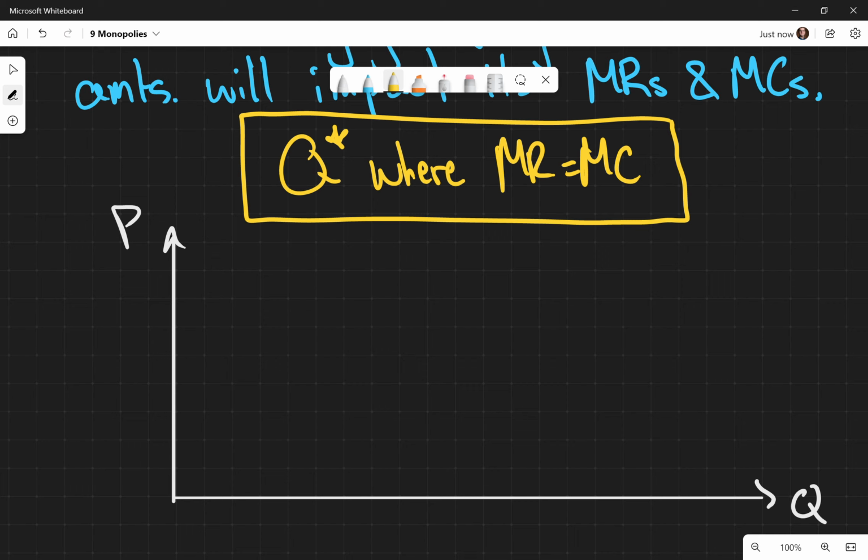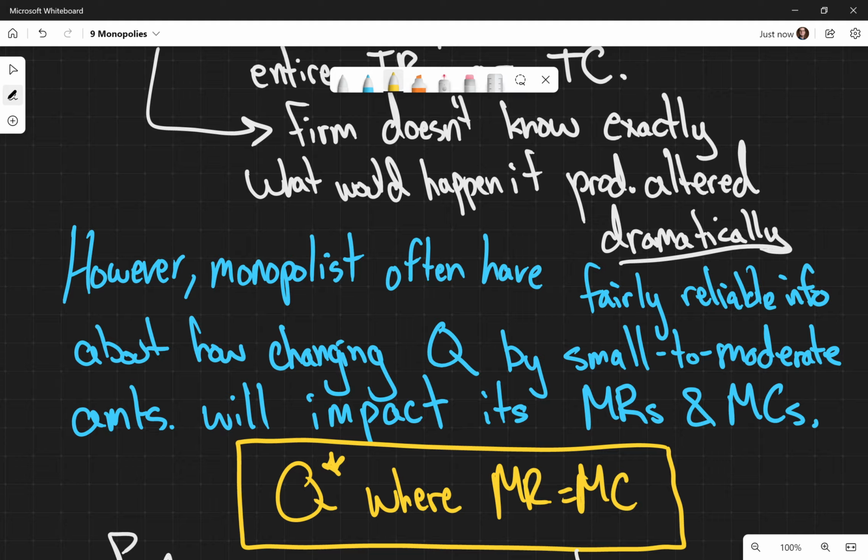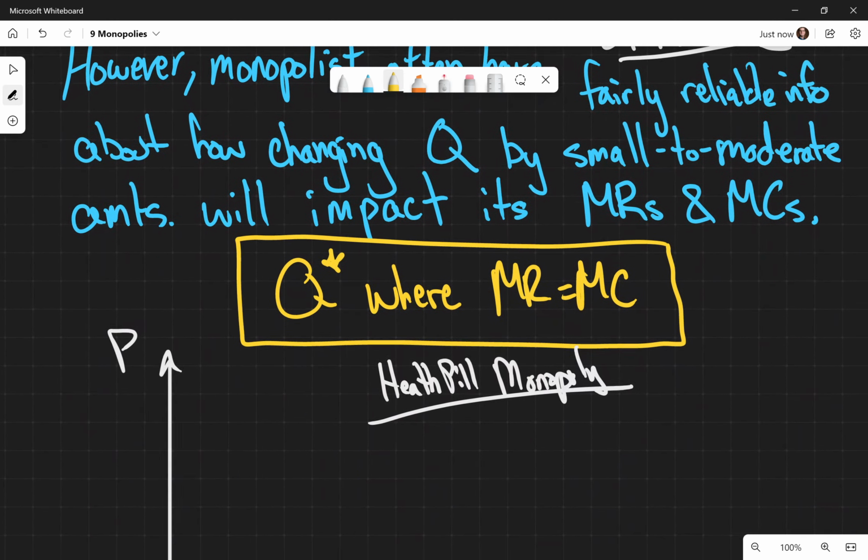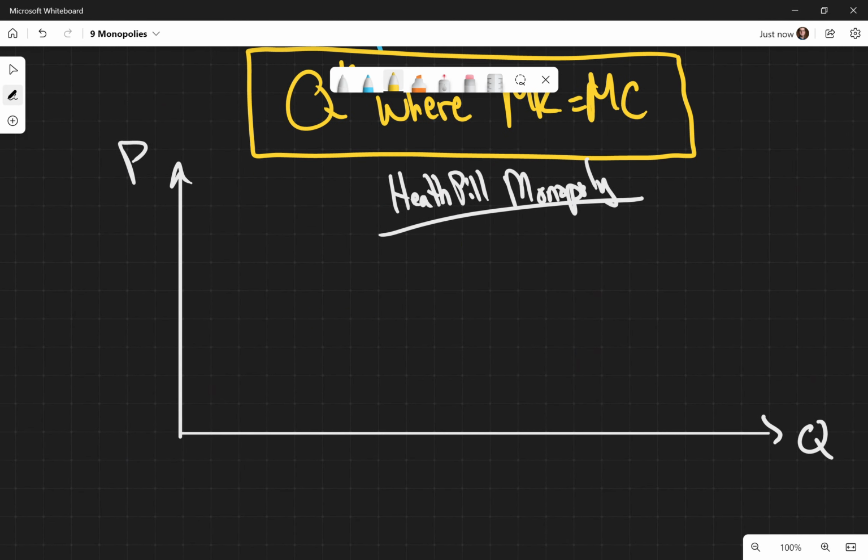So we're talking about health pill monopoly. And we're going to be just looking at our marginal cost and marginal revenue curve for the moment. I just want to see what colors I used to keep with the same colors. Got it. So our marginal cost is going to be our Nike swoosh.